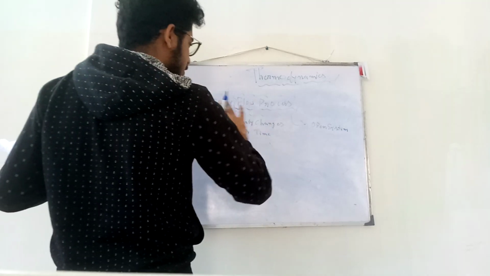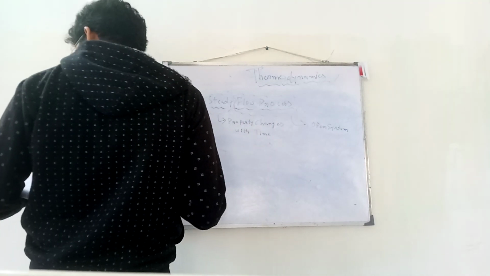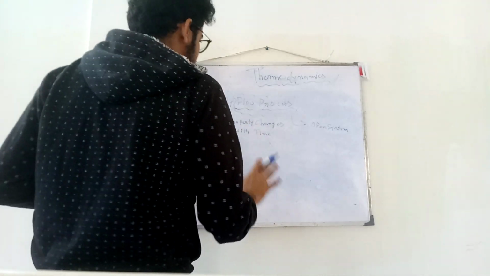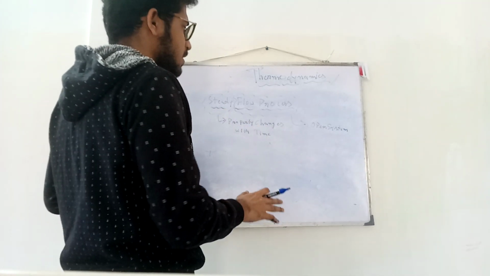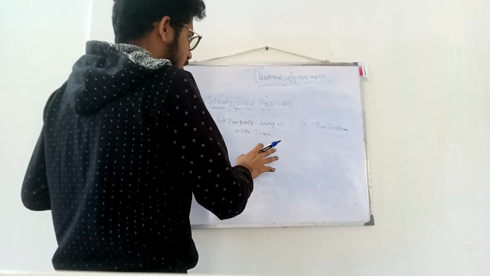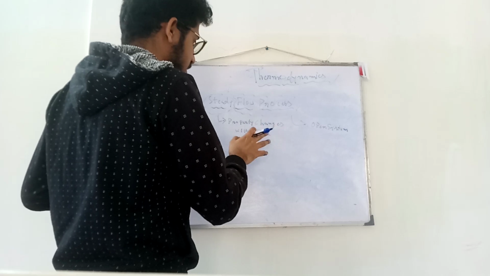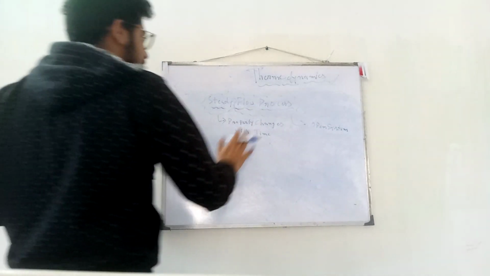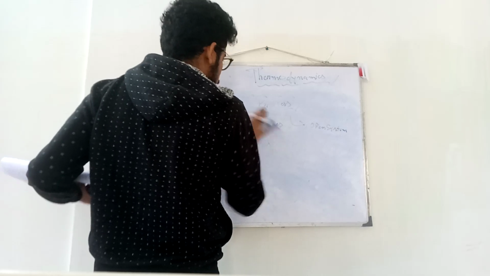Okay, I hope you understood what is steady flow process. These are some examples of steady flow process: the properties which change with time in open system. So which are the properties?